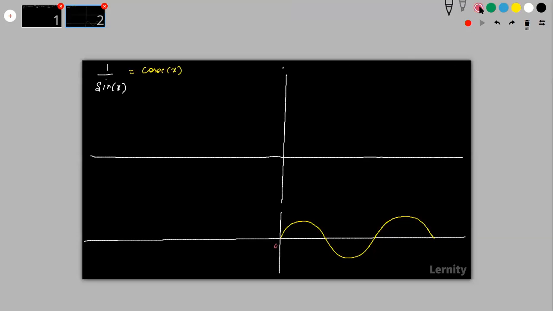For some values it will not be defined, that we will see.